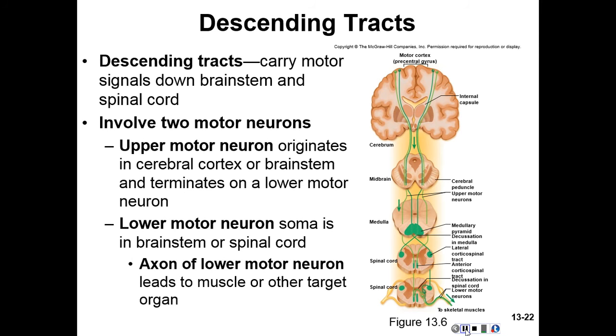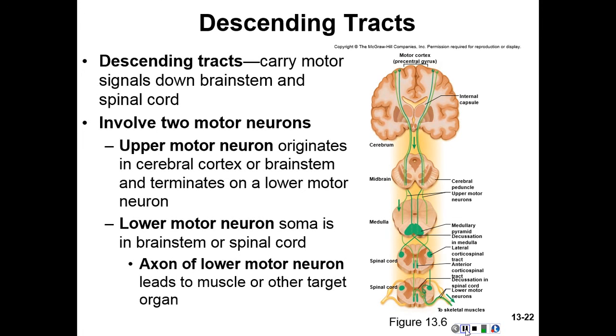Alright, when we talk about descending tracts, again, we're carrying the motor response to the sense response back down. It involves the upper motor neurons and your lower motor neurons. The upper motor neurons originate in the cerebral cortex or the brain stem, and they end somewhere down in the lower motor neuron area.